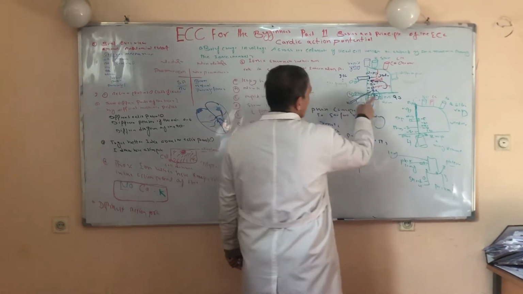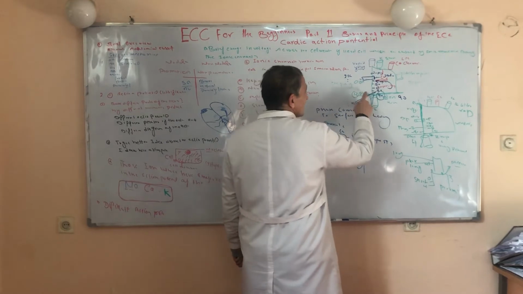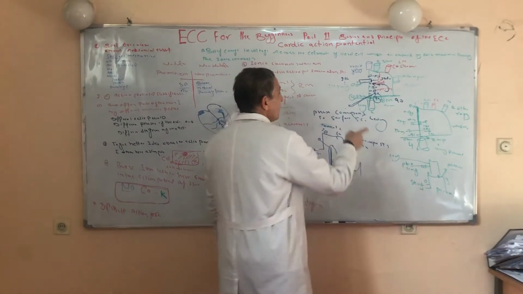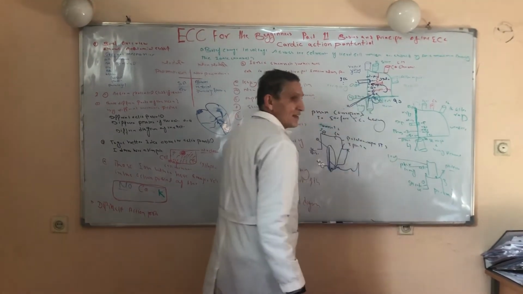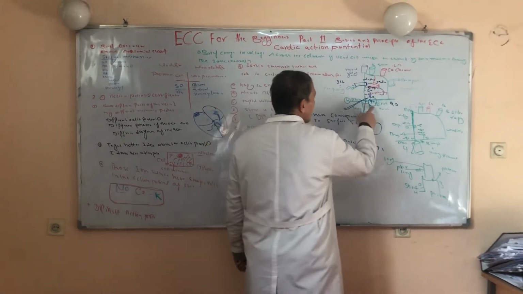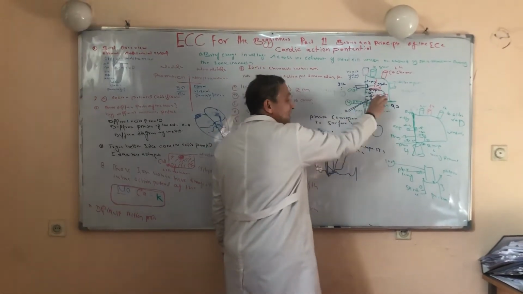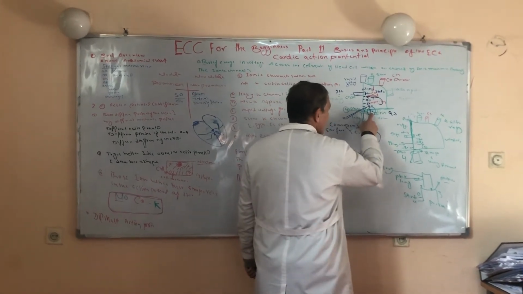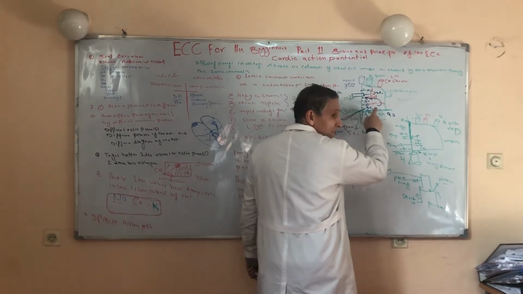What is the mechanism by which this depolarization is produced? Now this cell has produced a resting membrane potential. It is ready to accept another stimulation. For example, the stimulation is coming from outside the cell into the inside the cell. This minus 90 millivolt is neutralized by the sodium which is coming from outside the cell. The resting membrane potential becomes less negative because another positive charge is coming from outside the cell into the inside.